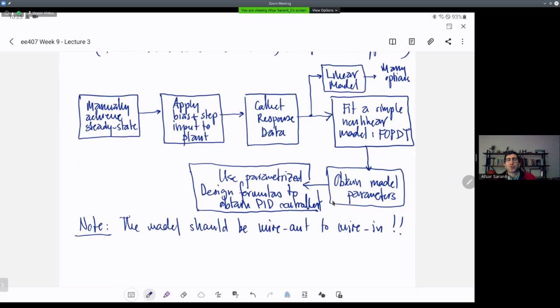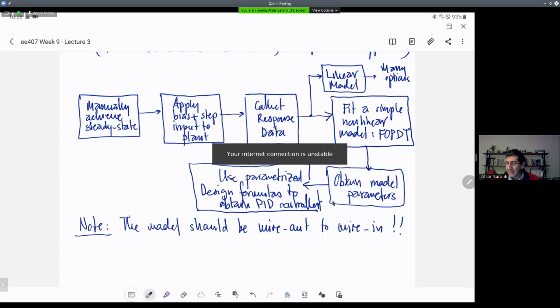That means you should apply the step input just at the point of the output of the controller, so that all the effects of the actuator, the plant, the measurement system, everything is observed in the response. So you record the response at the point where the controller sees it. That is called wire out to wire in.